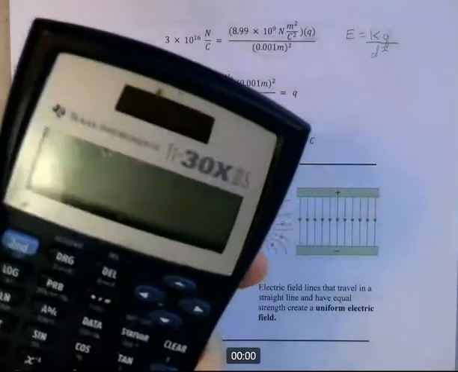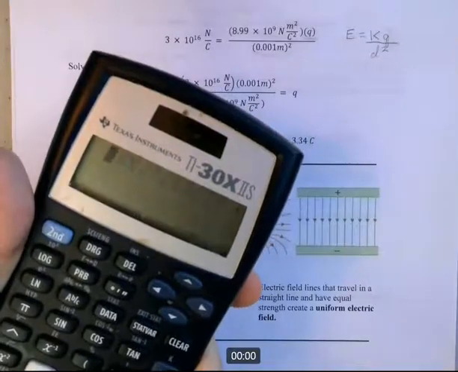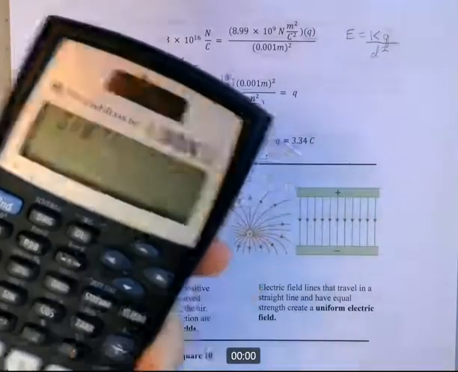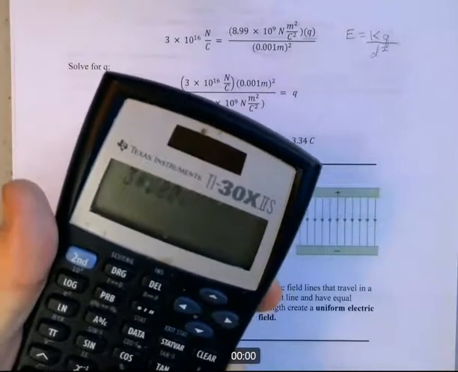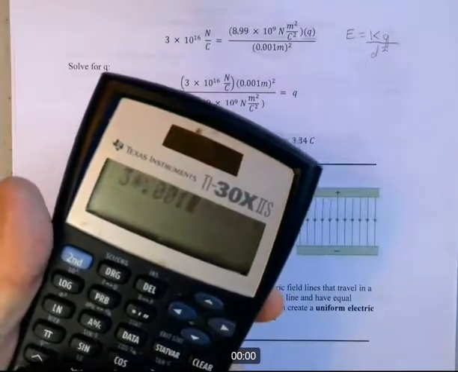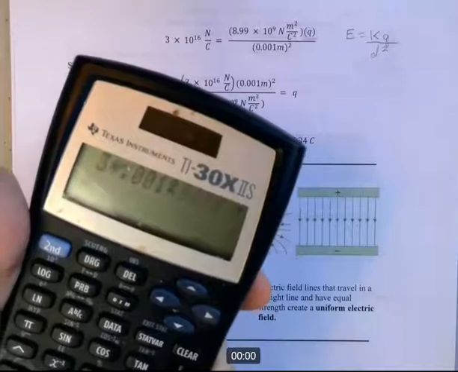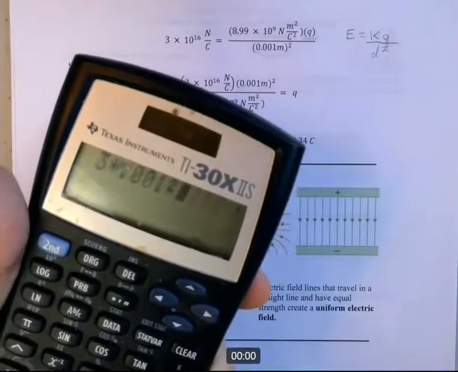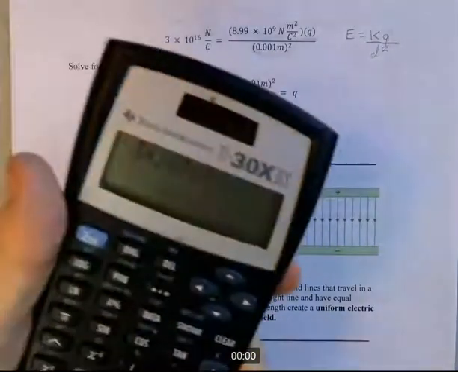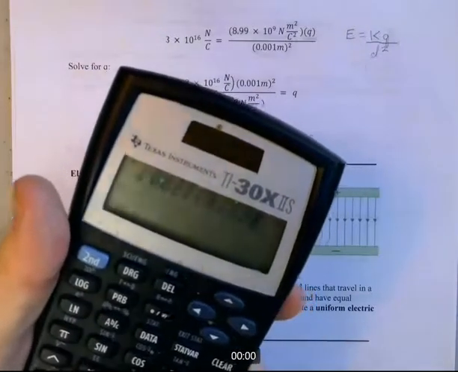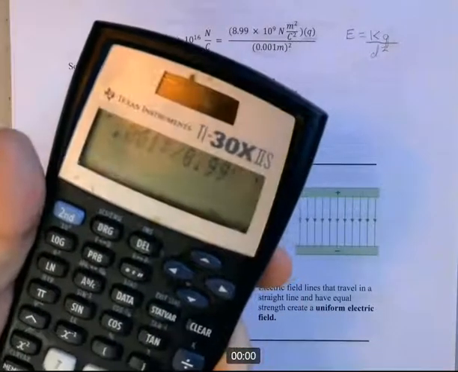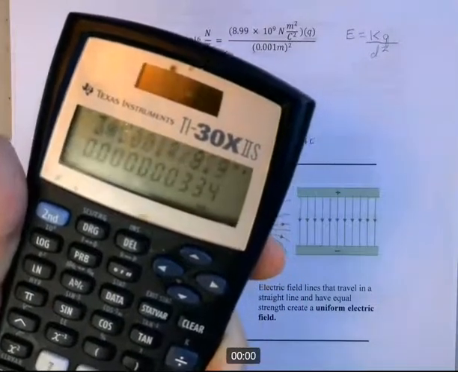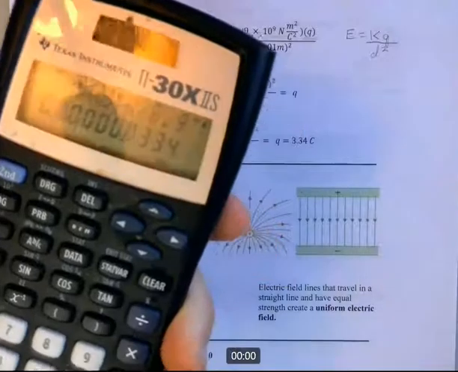So it's 3 times 0.001 squared, I should have said. And then you're going to divide that by 8.99. So 3 times 0.001 squared divided by 8.99, and that gives you this really tiny number.